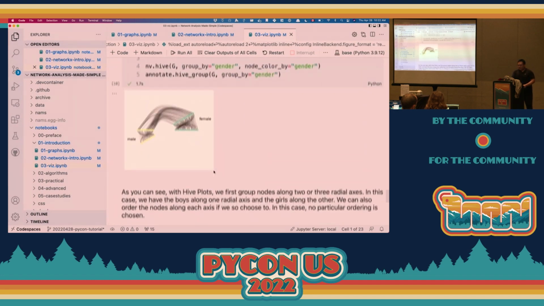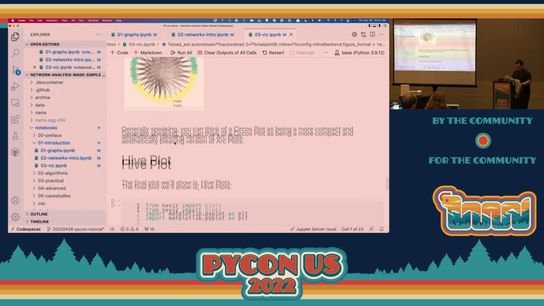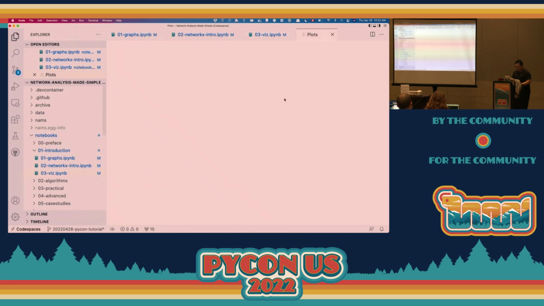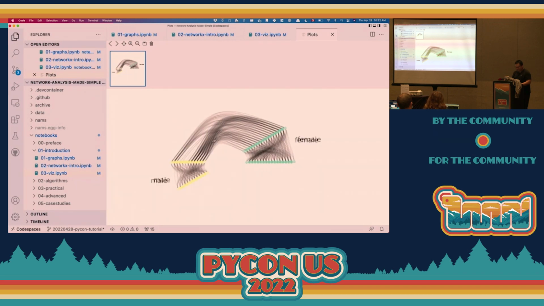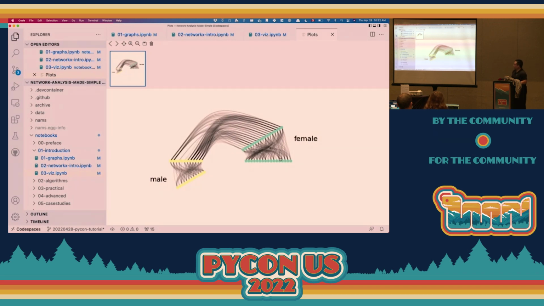The final one that I want to show is the Hive plot. Sorry, let me see if I can zoom out on this a little bit. There we go. That's exactly what I wanted. Okay, so with a Hive plot, what you do is you take your group of nodes, up to 3 groups per hive, and you split them out onto different axes. One axis is for one group.